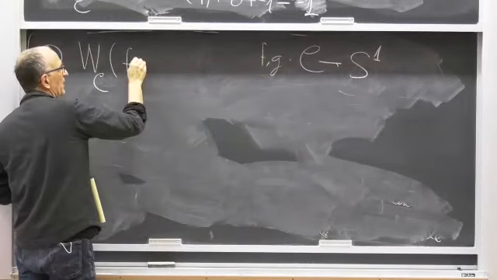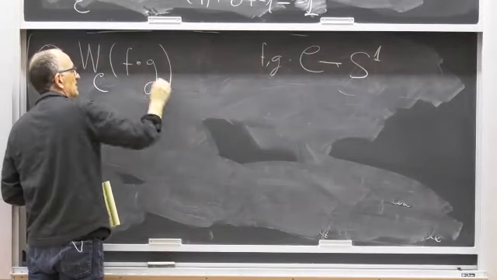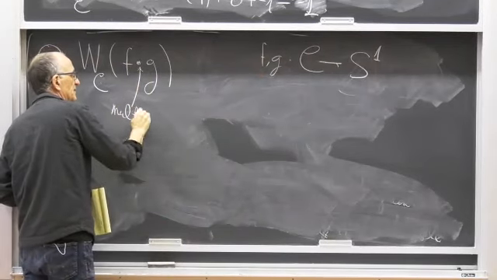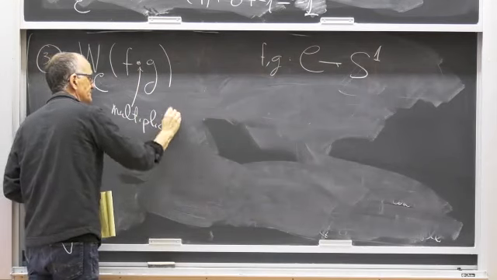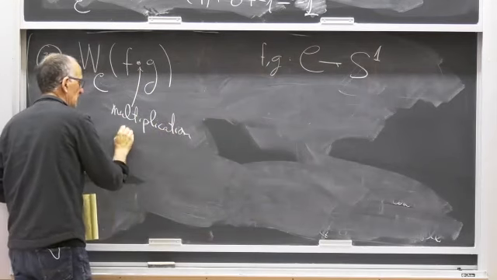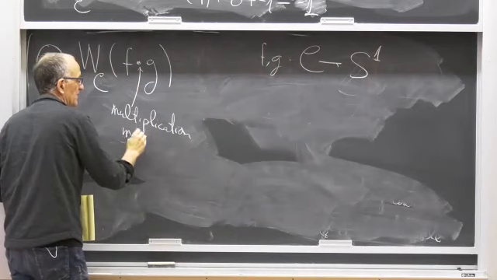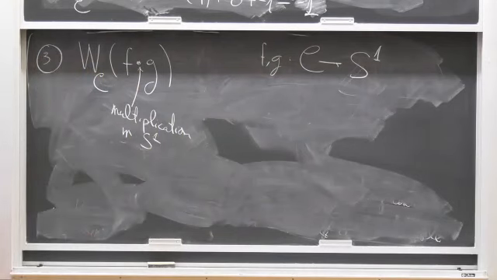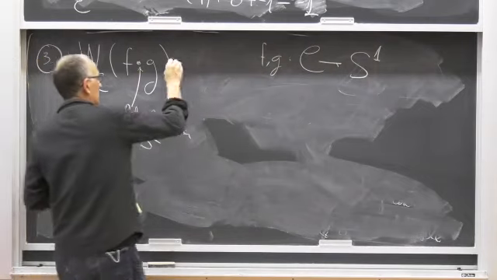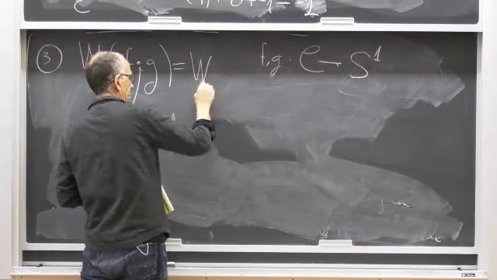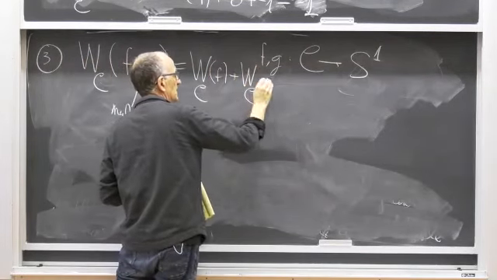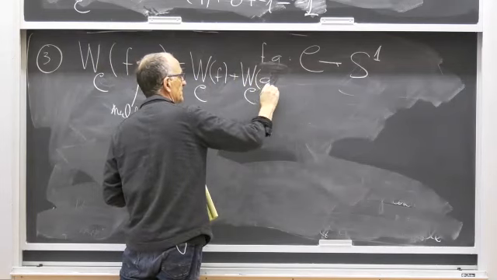And now we can multiply inside S1 or inside K. Multiplication in K or S1, right? We're multiplying in the complex field, right? And here, it turns out that this is the sum of the two winding numbers.